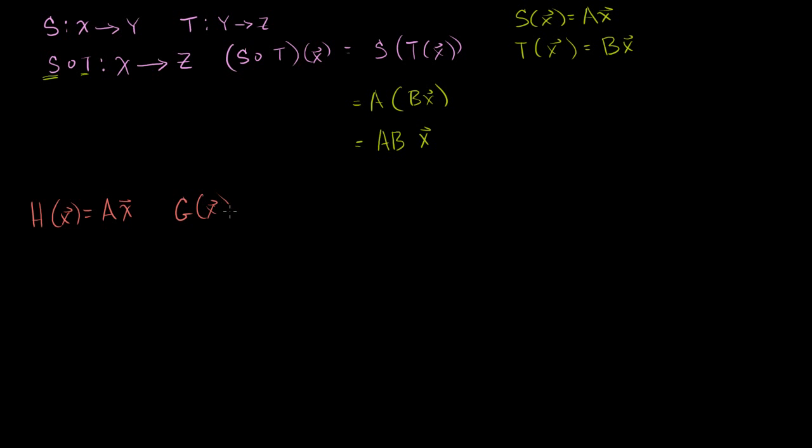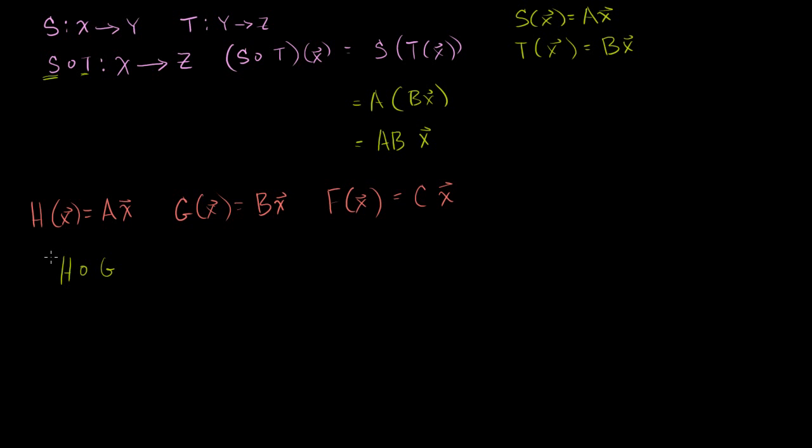When I apply that to a vector x, it's equivalent to multiplying that vector by the matrix B. And then I have a final linear transformation f. When it's applied to some vector x, it's equivalent to multiplying that vector x by the matrix C.